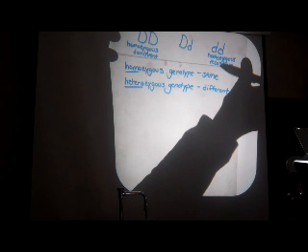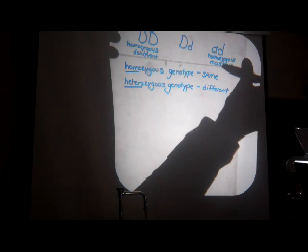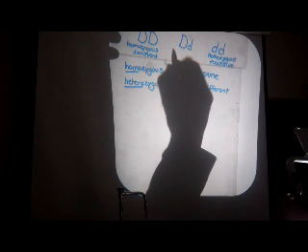What would be the genotype of a plant that is homozygous dominant for height? You would write down big T, big T. So make sure you understand, if I say homozygous dominant, you automatically think of two capital letters. If I say homozygous recessive, you automatically think of two lowercase letters.